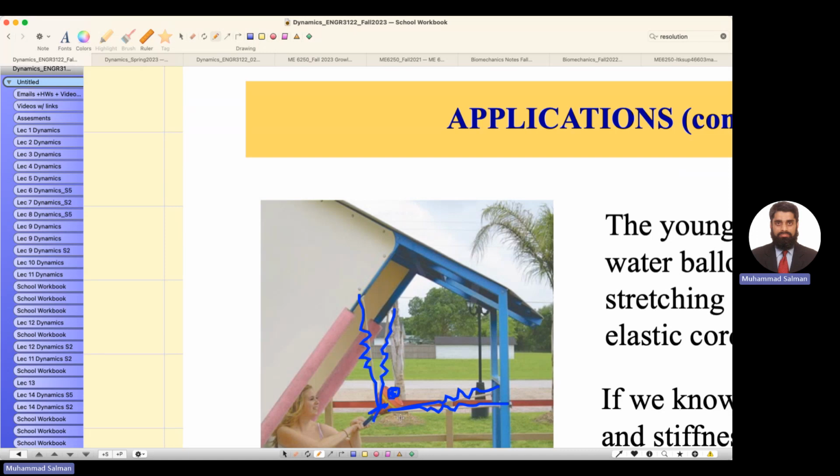You are just pulling that and throwing the ball inside to hit the target. So you can find the same. All the stored energy in the springs is equal to half mv squared. So you can find the final velocity, which is actually the starting velocity of the ball, the projectile velocity. You see my point?